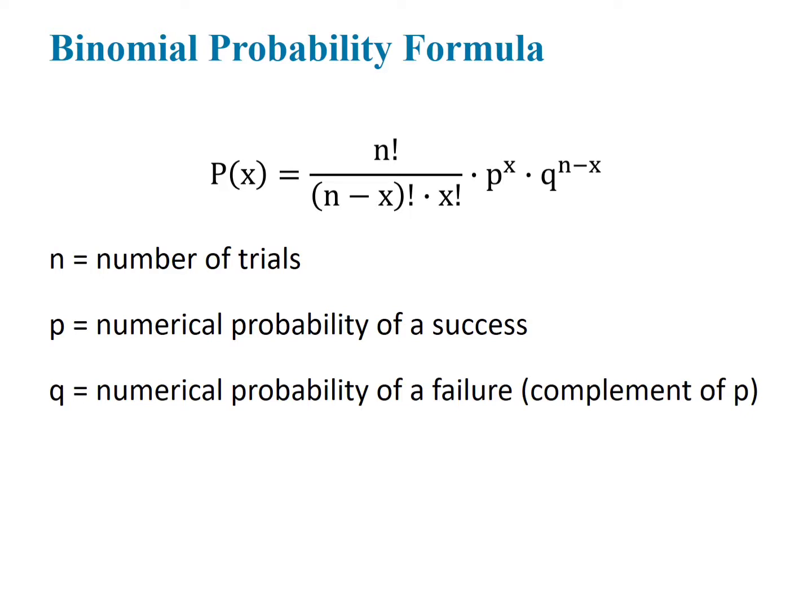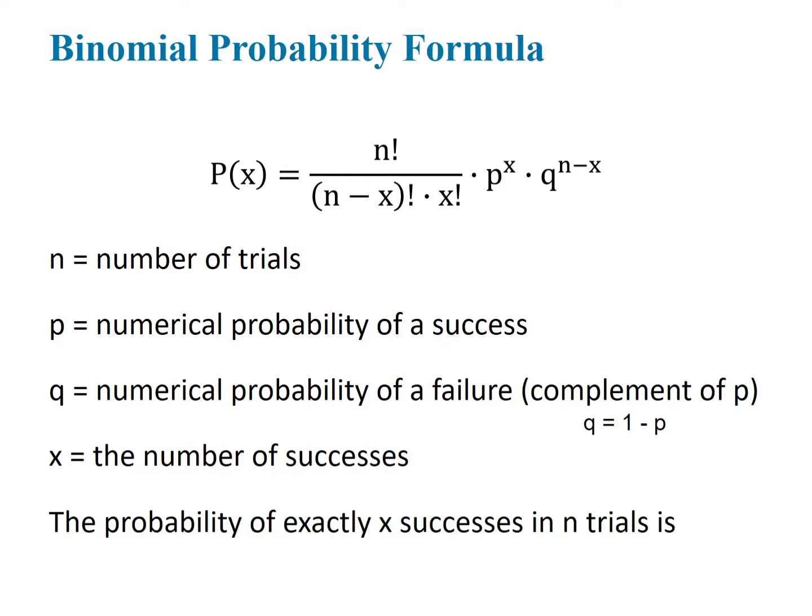And how do you find the complement? It is always 1 minus p. If you know q and you want to find p, then 1 minus q would be p. They are complements of one another. X is the number of successes, the number that we care about. So when I say exactly 5 heads, then x is 5.